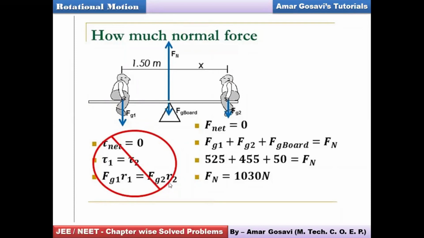So Fg2 into R2, where R2 is x. So we know everything. Fg1 is known, R1 is known, Fg2 is known. The only unknown is x. So we can solve this equation and find the value of x, which gives us the distance where this small person should sit so that the rotational equilibrium is maintained.